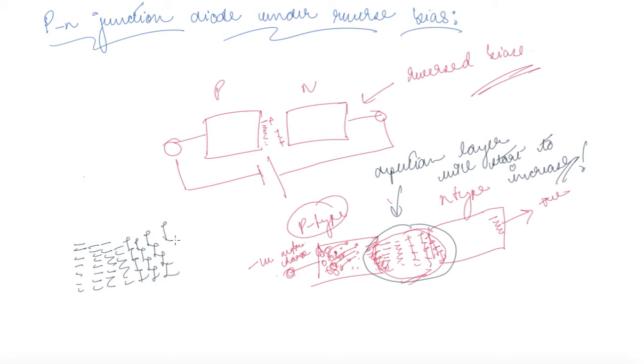Which will further stop the flow of carriers from this point to this point, or this point to this point. So now what exactly happens is, suppose this is your N. If I draw this a bit more properly, this is a huge depletion layer.